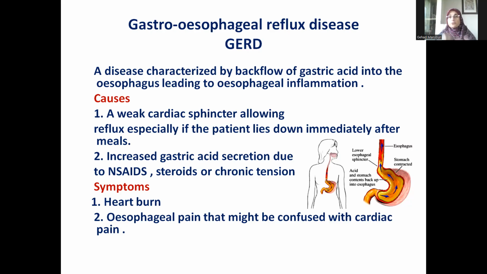The patient would suffer from heartburn and maybe esophageal pain, because when the acid goes upwards in the wrong way, the esophagus, it's true that it secretes mucus, but it does not have the same coating as the stomach, and therefore there could be some inflammation in the inner wall of the esophagus, or there could be ulcers, and this would lead to esophageal pain that is sometimes misdiagnosed as cardiac disease or cardiac pain.